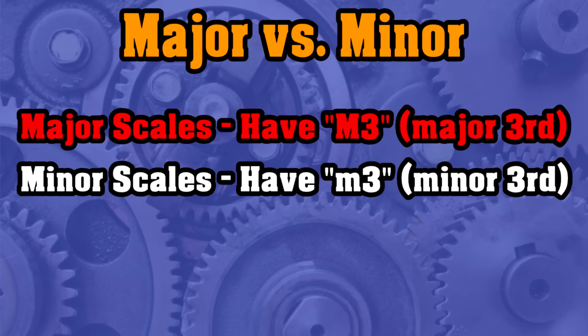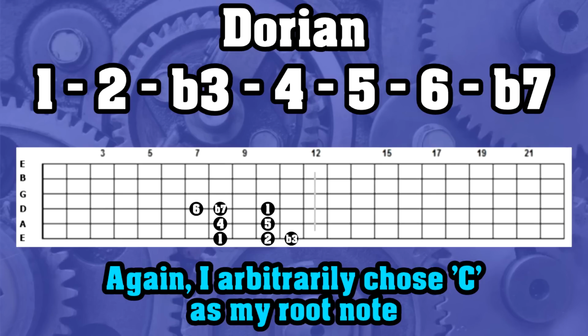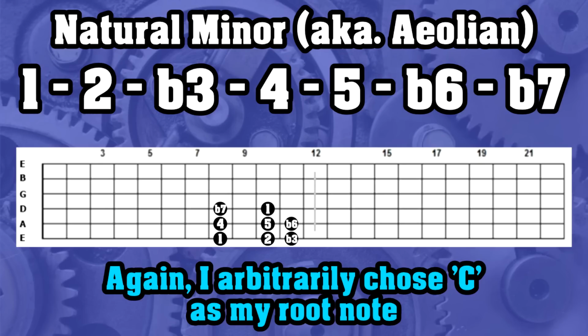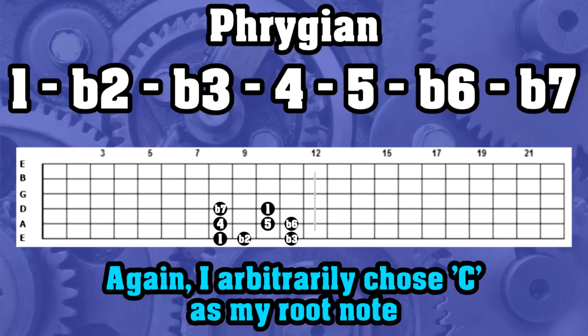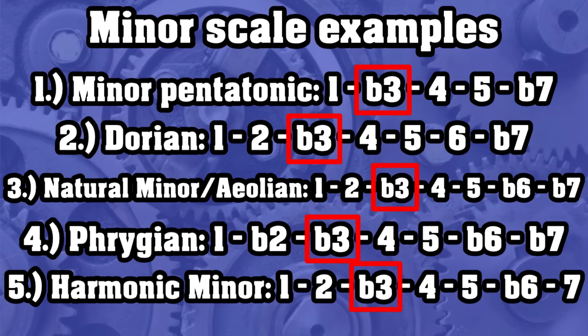And here are some examples of minor types of scales. Notice that all of the major scales have a major third and all of the minor scales have a minor third.